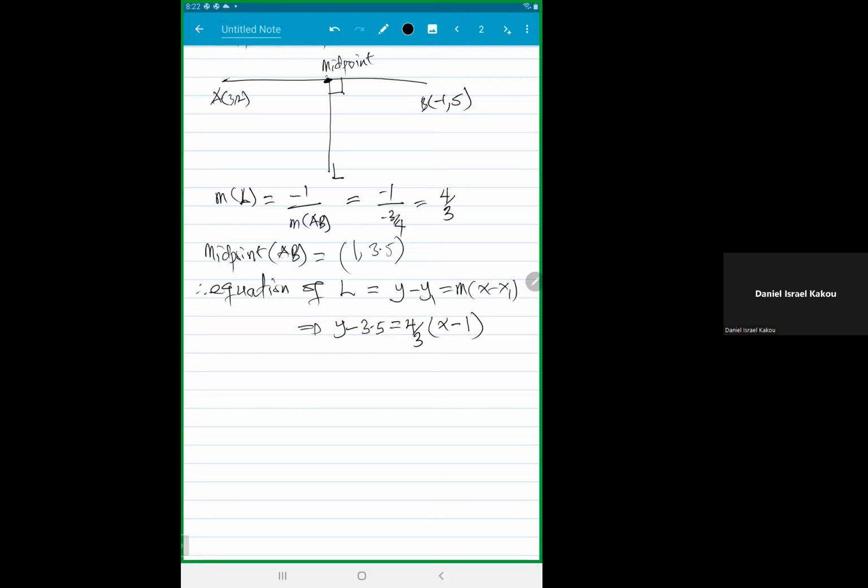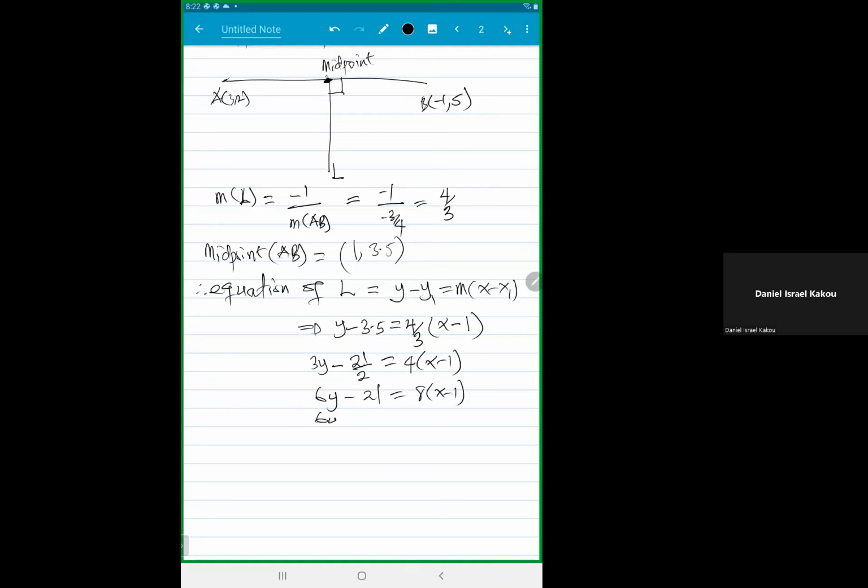From here, all I do is multiply through by 3. I'll have 3y minus, so the 3.5 is actually 7/2, so that is going to be 21/2, right? And we have 4 into bracket x minus 1. We can do another multiplication with the denominator too, and that is going to be 6y minus 21 equal to 8 into bracket x minus 1.